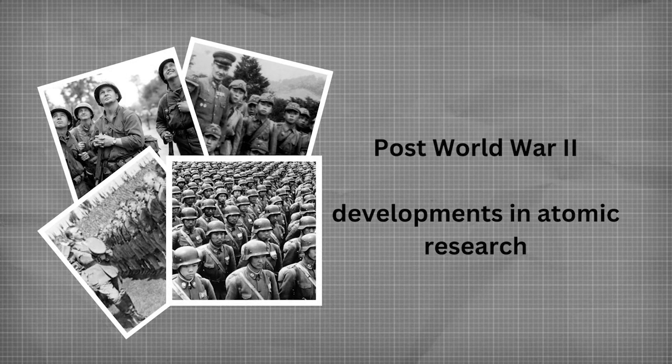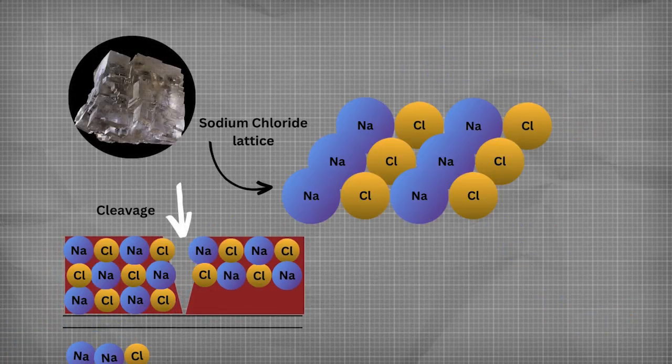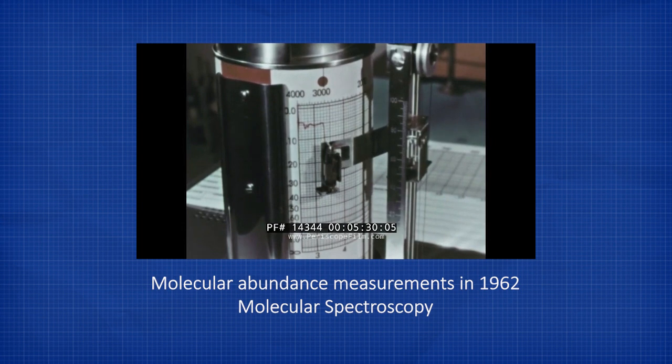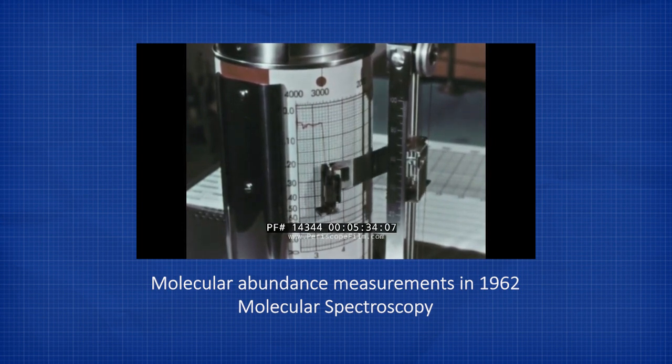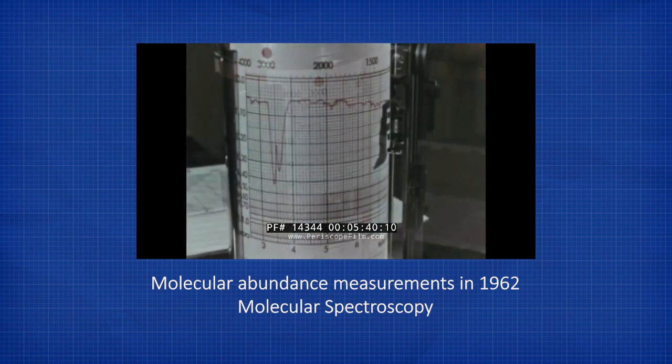XPS gained more recognition after the Second World War thanks to Kai Siegbahn, who improved the equipment used before. It allowed him to document the first high-energy resolution XPS spectrum of cleaved sodium chloride in 1954. What resulted from this gave Siegbahn the ability to identify elements and the elements that were bonded to them in a multi-elemental composition.